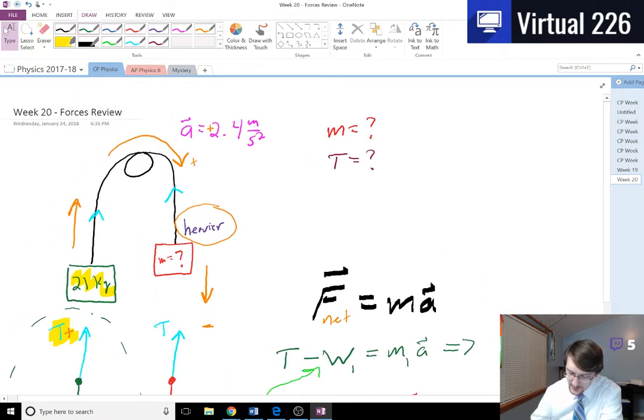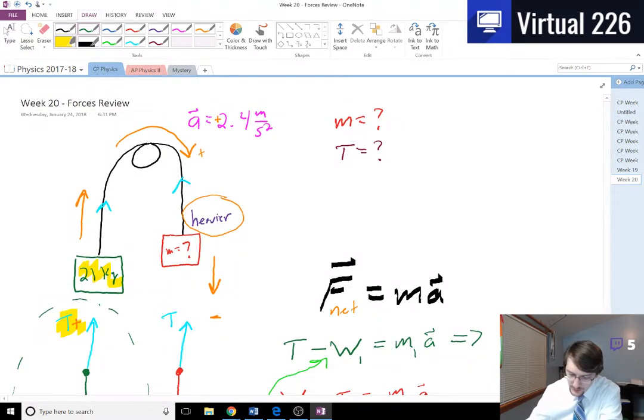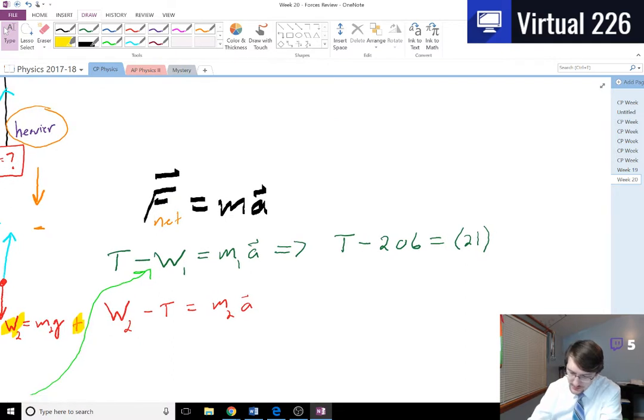The acceleration we have from before is 2.4 meters per second squared, and that acceleration is positive because our object's moving up here. So we can just say 21 times 2.4.